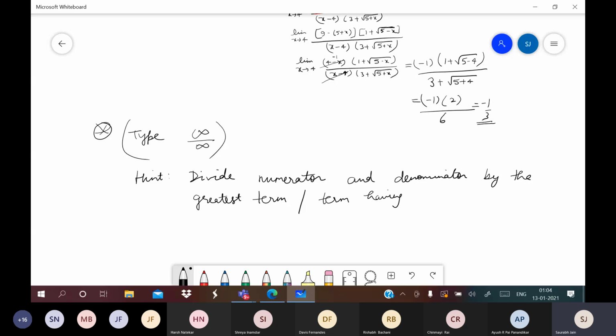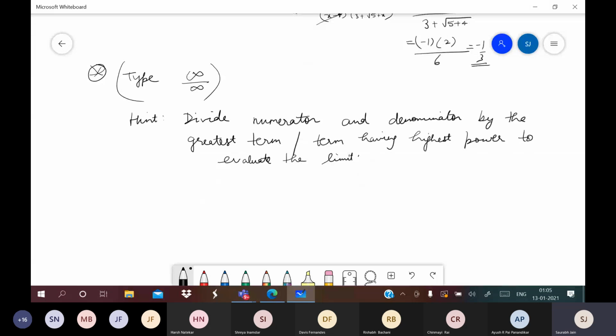This point you will understand with the help of an example. This is to evaluate the limit. And this is to be used in which kind of questions? Where both numerator and denominator are tending to infinity, to evaluate the limit.